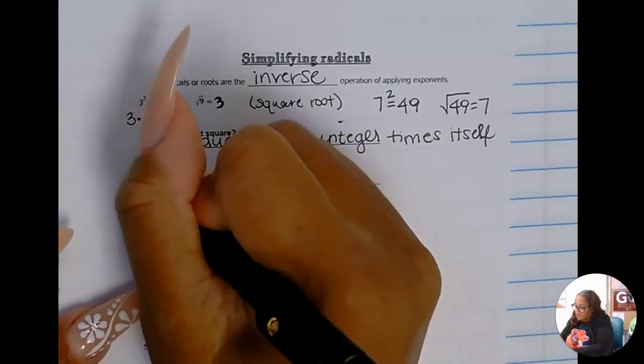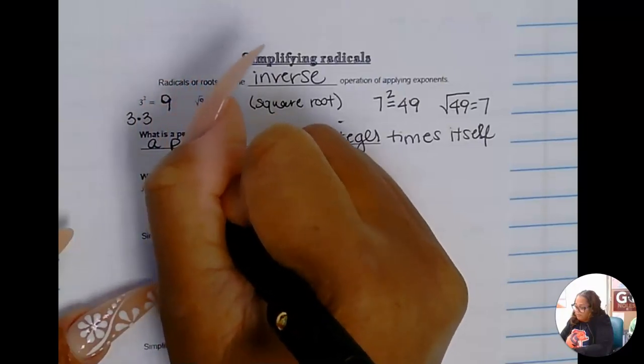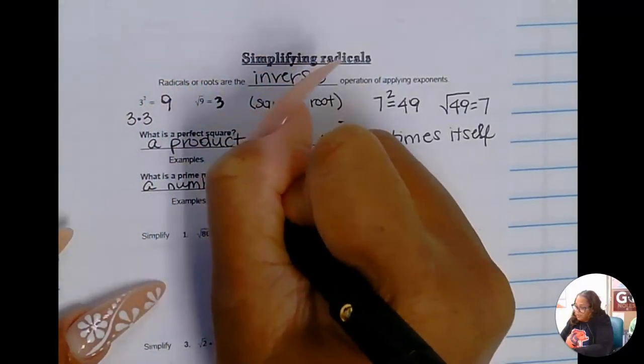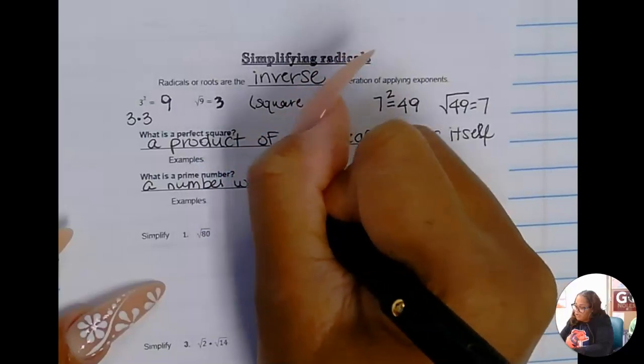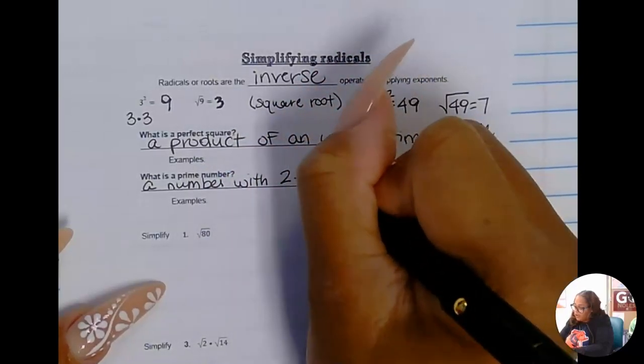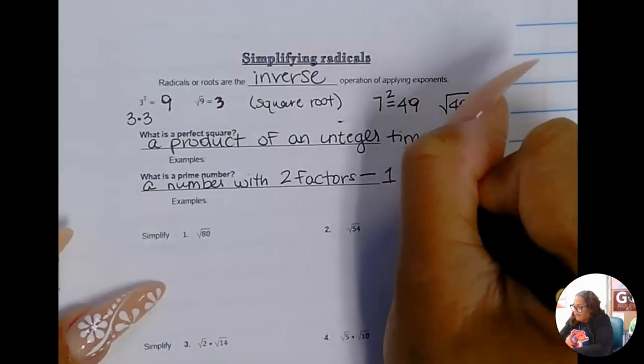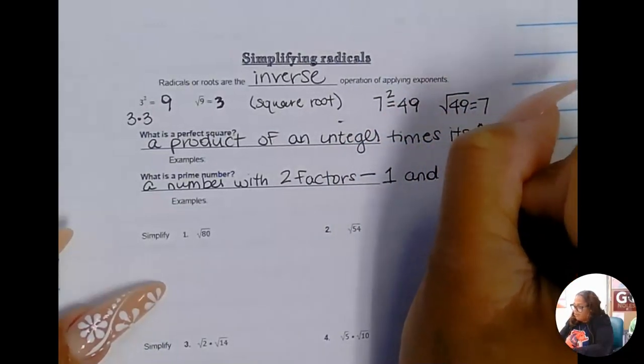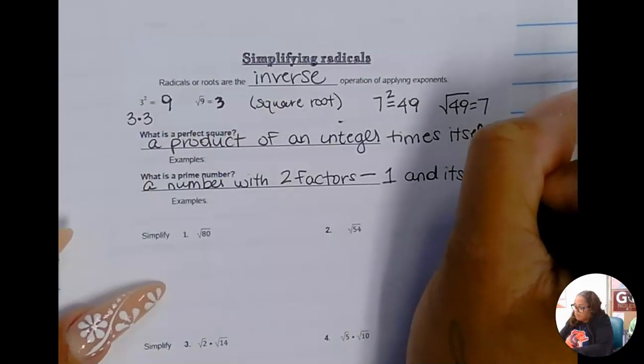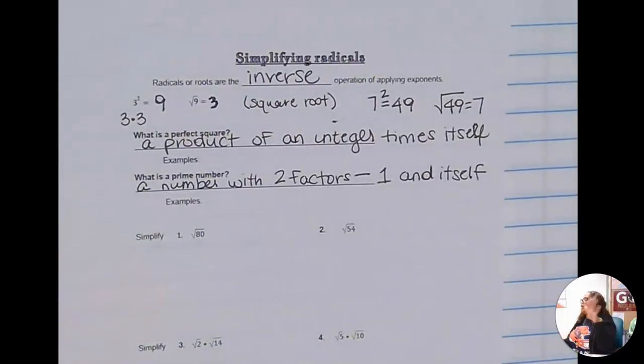A prime number is a number with 2 factors. And what are those 2 factors? 1 and itself. Meaning I can't divide it by anything other than 1 and that number. Who can give me an example of a prime number?